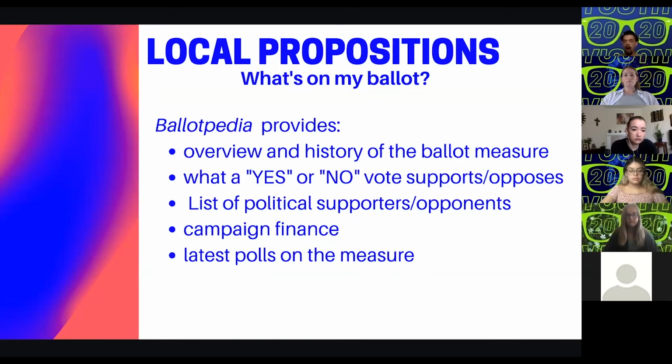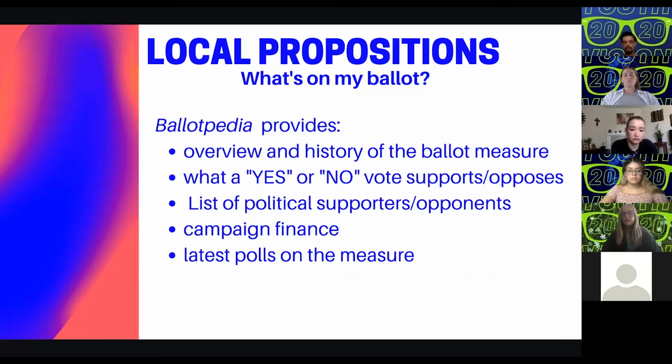And then it also will give you political supporters and opponents. So if someone's endorsed a certain decision on this vote, what have they endorsed and who is it, and a brief overview on who's supporting it. It also gives you links to the campaign websites of each issue and why people say vote yes or vote no. And then it'll also give you the campaign finance, so who's put money into which campaign, how much they are getting, and who's supporting the campaigns via donations.